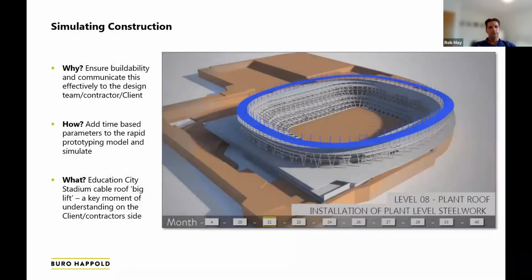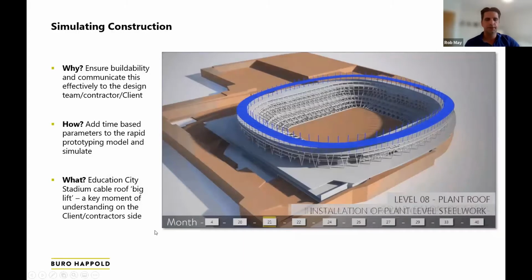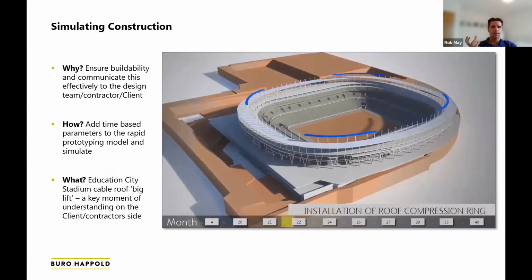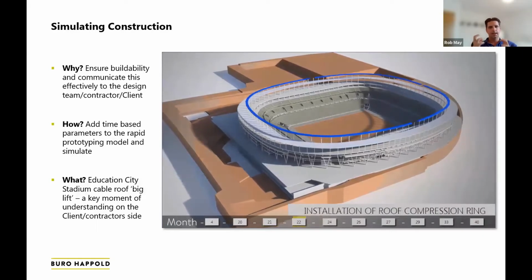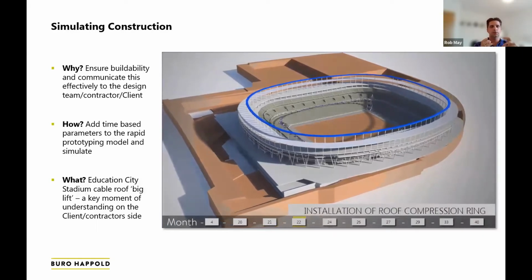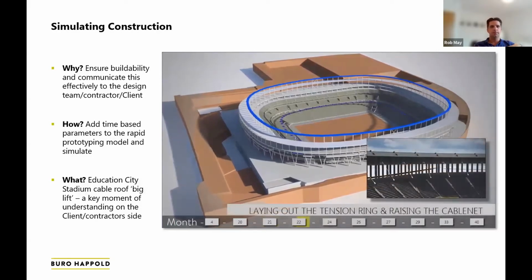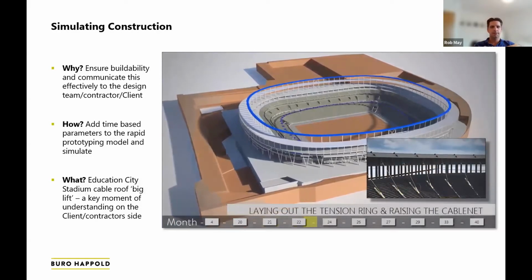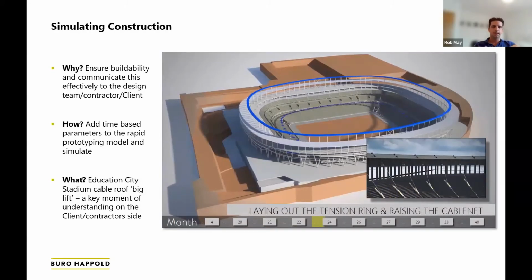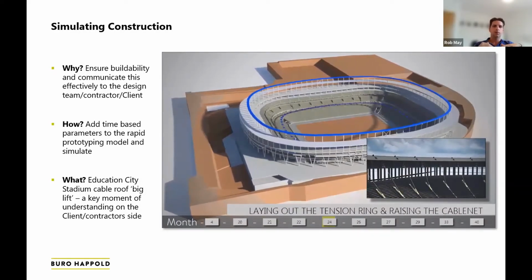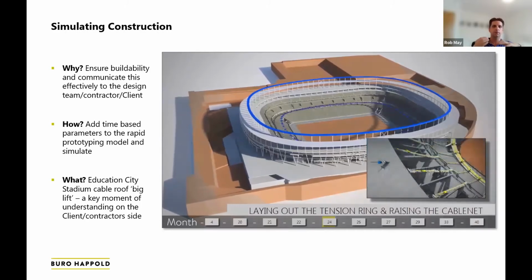When it gets through to construction on the same project, Education City, we often take those rapid prototyping models and add a construction layer to them. It's quite an innovative cable net roof, a gravity cable net roof, for Education City. What we're doing here is showing that rapid prototyping model, animating how that roof gets constructed.